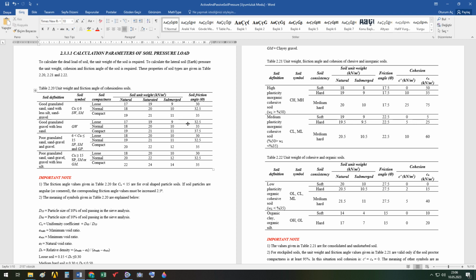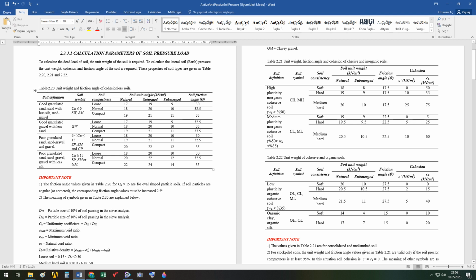They are ready-to-use tables, or you can make your own tests, and from your tests you can obtain values for the specific type of soils where your retaining wall will be constructed. You can take soil samples from those soils, and you can obtain those values from the tests which you will perform in the laboratory.